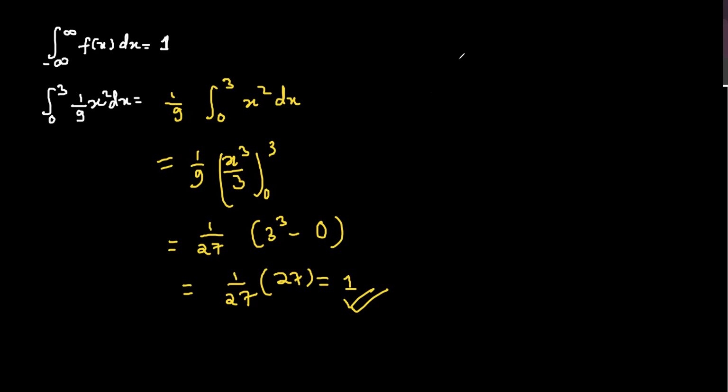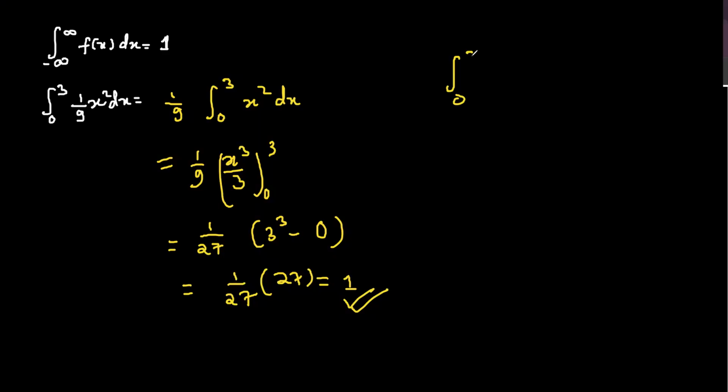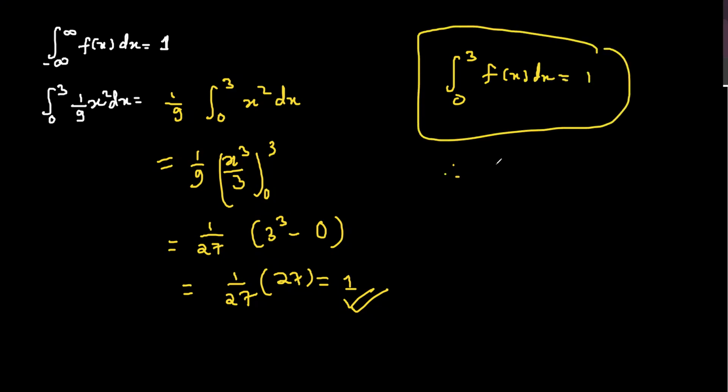How about if it was 7, not 0, should we take it into consideration? Okay, I'll tell you. First, the integral from 0 to infinity of fx dx is equal to 1. So you can say fx is a PDF.